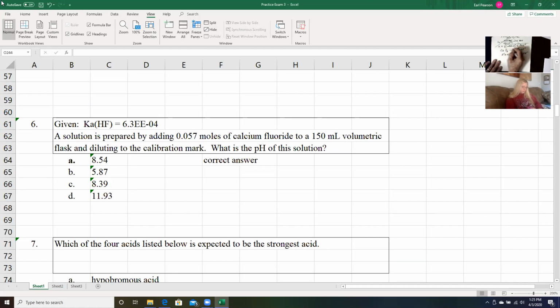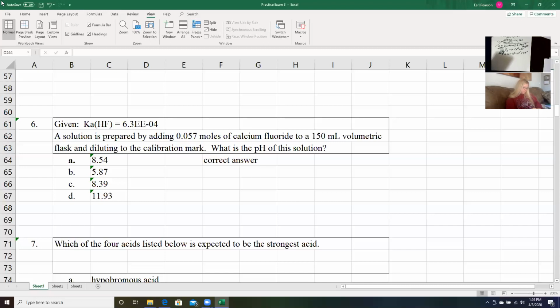Okay, so I'm going to have 0.057 moles. And when this completely dissolves, I'm going to get 2 times 0.057 moles of that. And so this concentration is 2 times 0.057 divided by 150 times 10 to the minus 3. So now let's do that math.